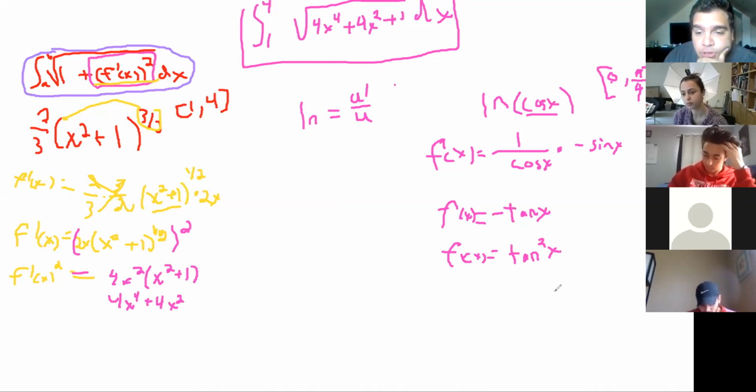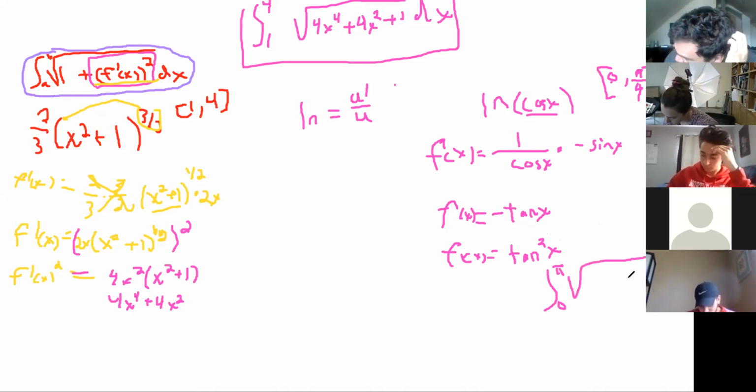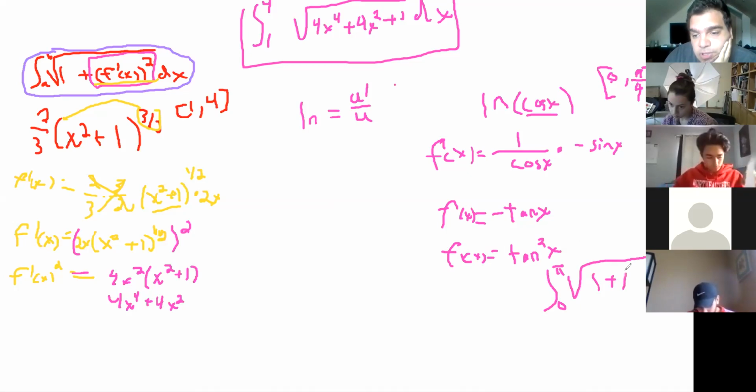And then we put in our integral from 0 to pi over 4, the square root of 1 plus tan squared x.